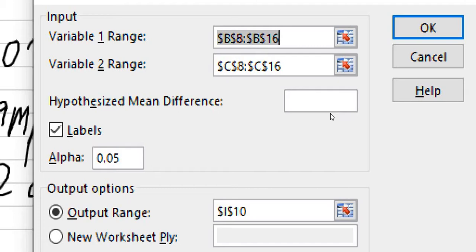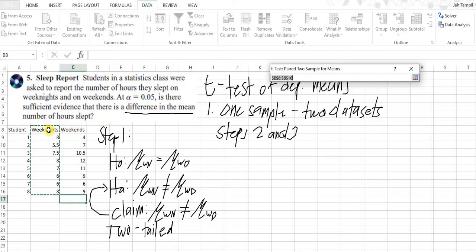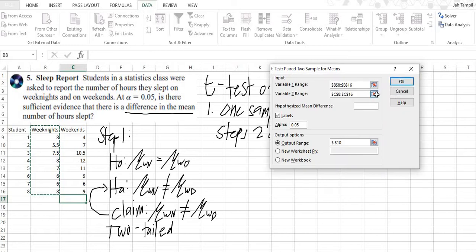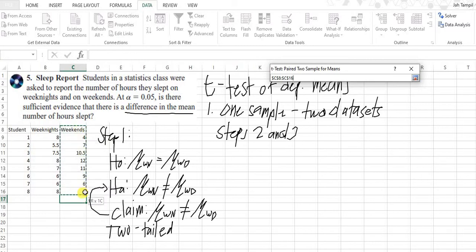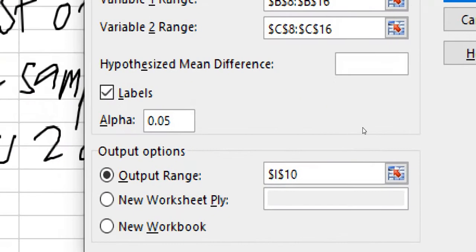For variable 1, we shall select the weeknights because it's the first one given and it doesn't say which one is bigger or smaller. Variable 2, weekends. Labels are checked.